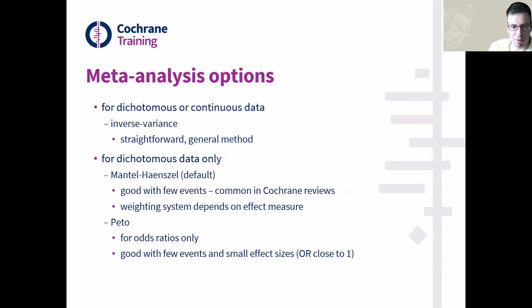But again, you have those 3 methods in RevMan. Personally speaking, from the perspective of the statistical methods group at Cochrane, inverse variance should be your preference generally, except perhaps when you've got very, very few events and the Mantel-Haenszel makes more sense. I don't have time to go into the precise details of all the whys and wherefores of that, but just bear that in mind.